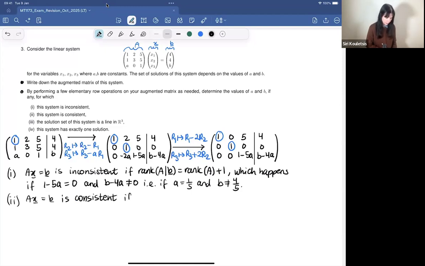Well, we already said what the consistency condition is. The rank of the augmented matrix has to be equal to the rank of A. And have a think about that.